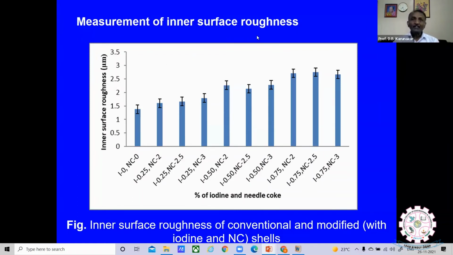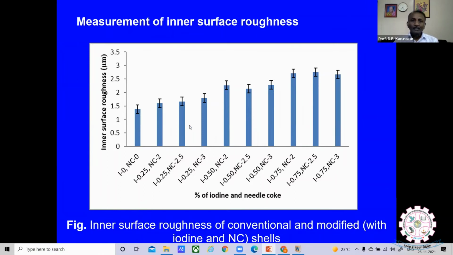Now, when it comes to the inner surface roughness, the conventional shell, meaning iodine 0, needle coke 0, had very good surface roughness, very good surface finish. You see, minimum surface roughness. Whereas it was maximum with the shells having 0.75 iodine and needle coke 2 and 2.5%. With these shells it was highest.